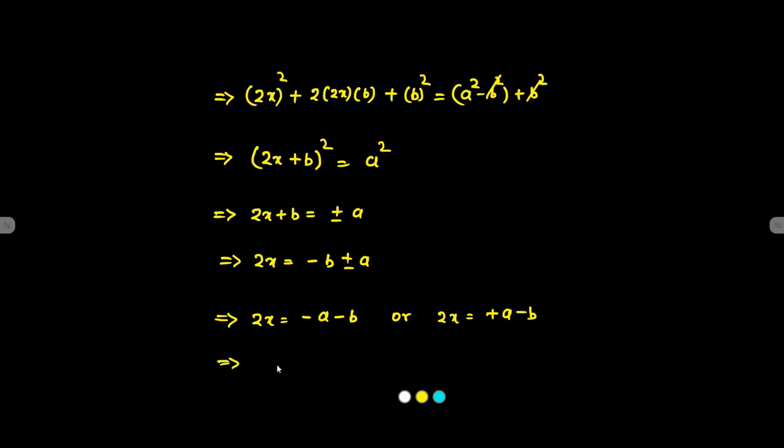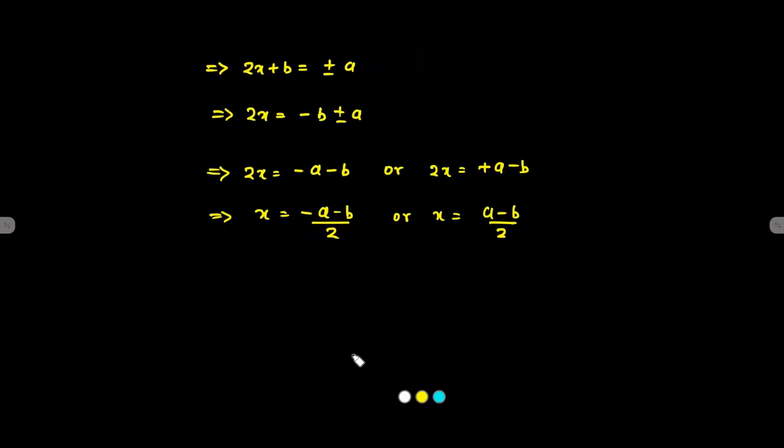That implies x is equal to minus a minus b by 2, or x is equal to a minus b by 2. So this we can write as x is equal to minus a plus b by 2, and this is the same, x is equal to a minus b by 2.